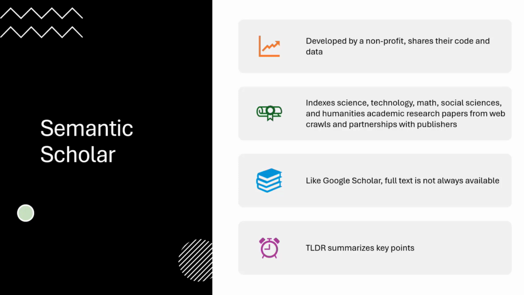But like Google Scholar, not everything you find in it will be full text. If you're familiar with using Google Scholar through our library, you can connect it to the library, and that way you can very easily request items that you find in Google Scholar. In Semantic Scholar, we don't have that connection at this point, but I think that's something to look for in the future. But that's okay.